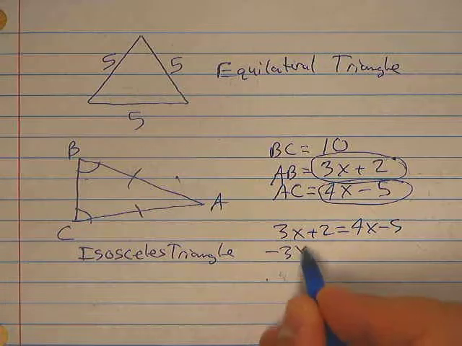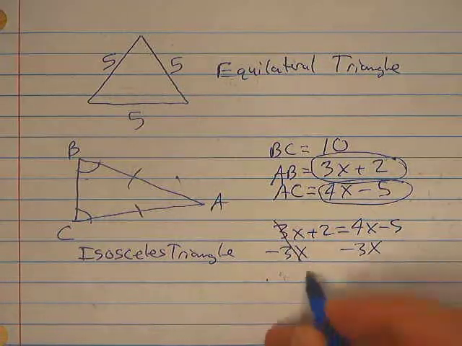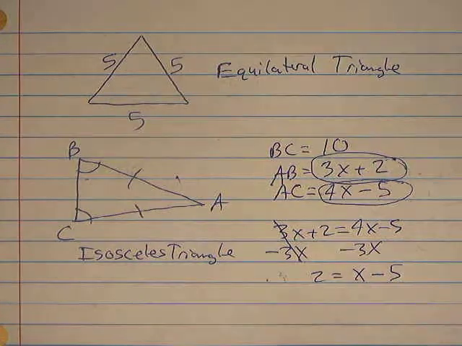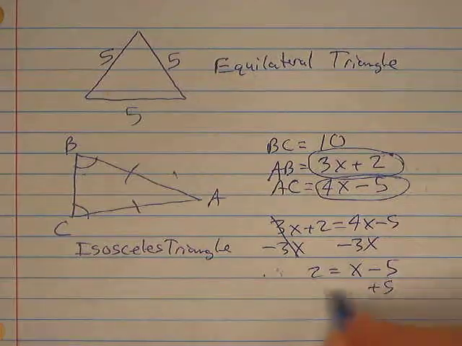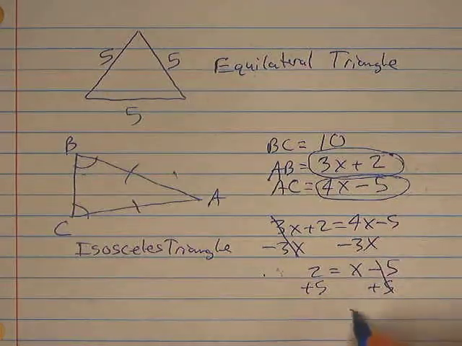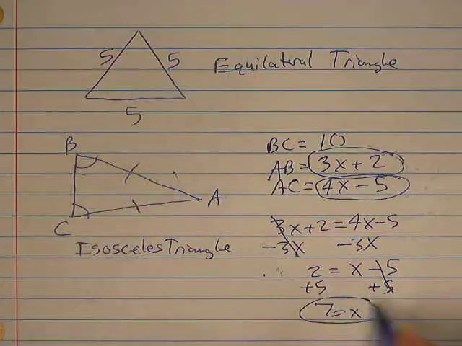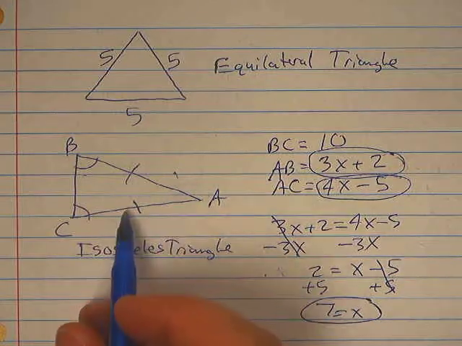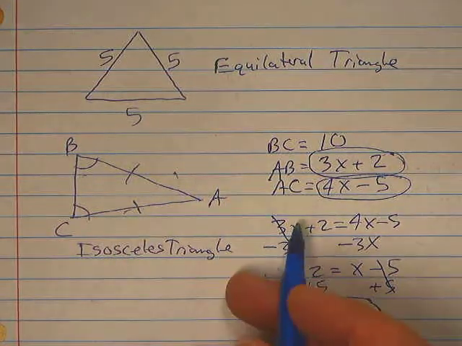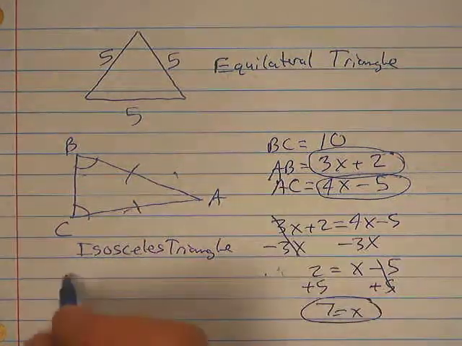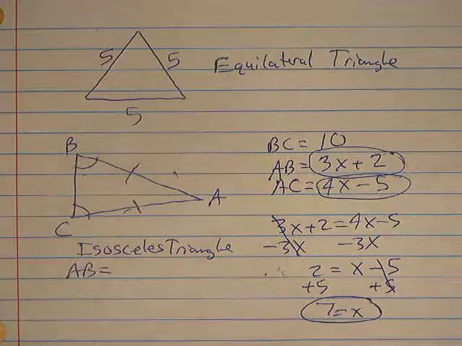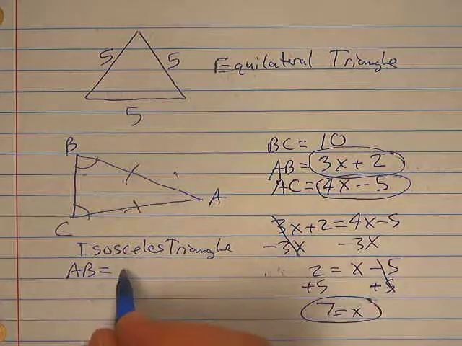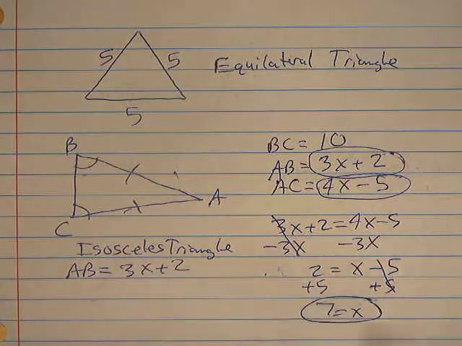So I'd take 3x plus 2 equals 4x minus 5. Subtract 3x from each side, and I end up with 2 equals x minus 5. Now to solve this, add 5 to each side. So we get x equals 7. So 7 would be what you're solving for here. Now, let's say I want to solve for something like AB. So I want to know, what is AB equal to?